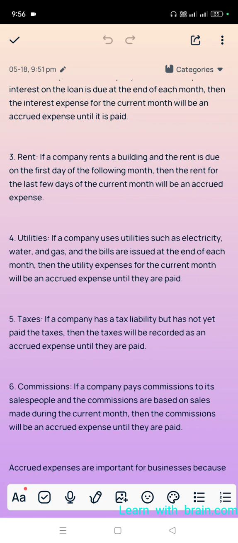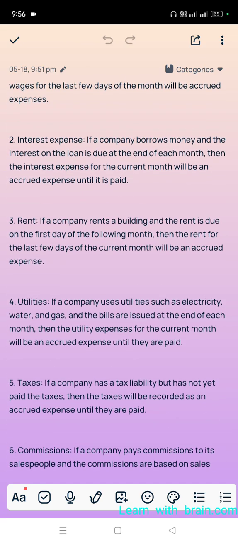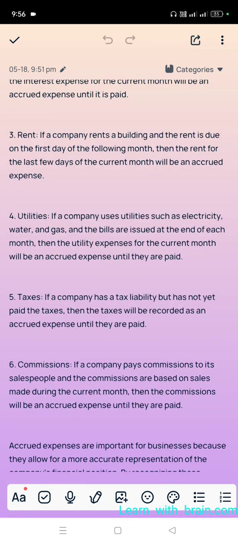Now we go for rent. If a company rents a building and the rent is due on the first day of the following month, then the rent for the last few days of the current month will be an accrued expense. This is the same as the salaries example. For better understanding, we will explain another one.